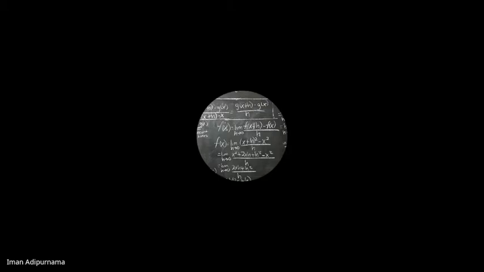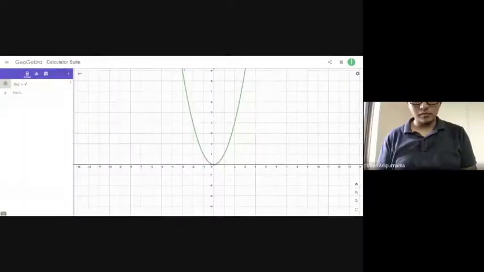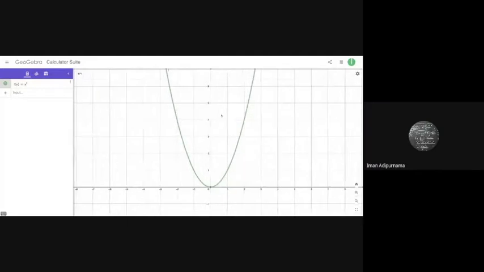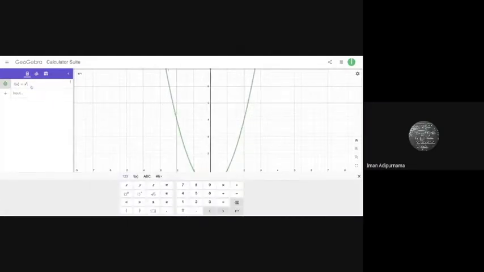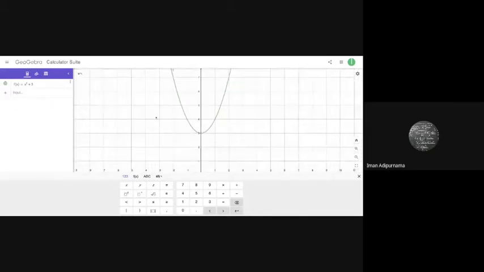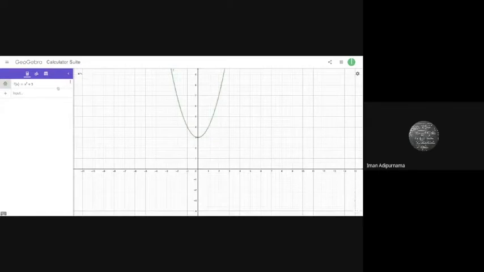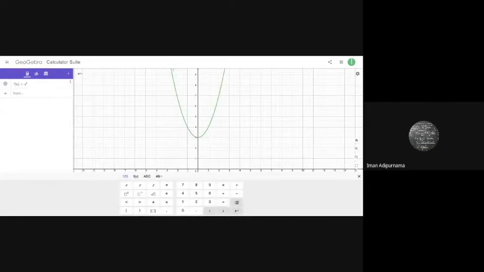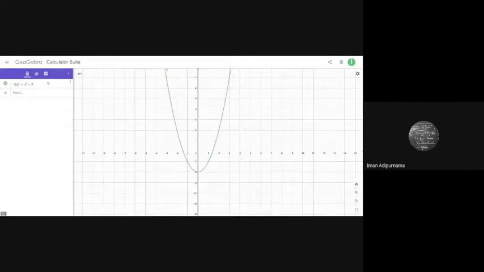Wait a moment, I need to present. Okay, so you have x squared here. You can move this. If I plus 3, it's going up 3, right? If I minus 2, it's going down.